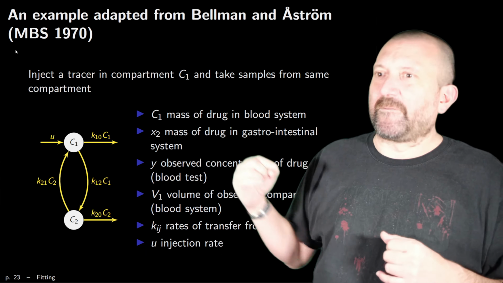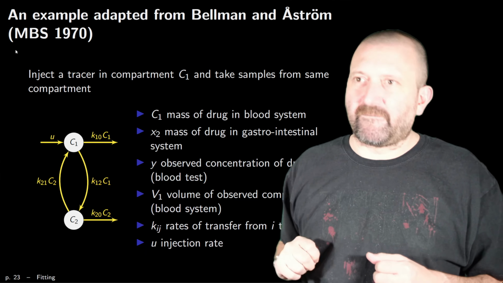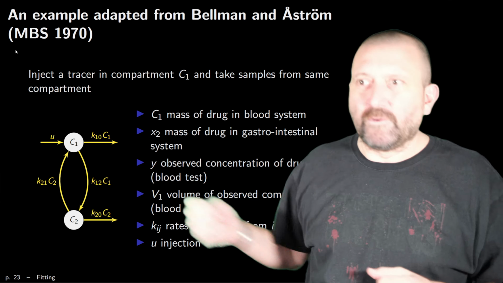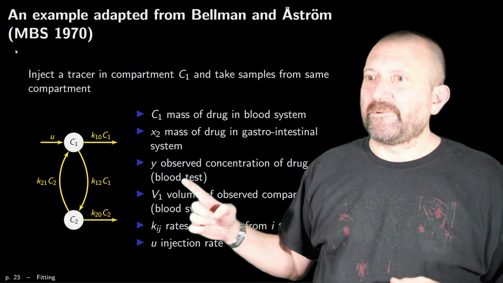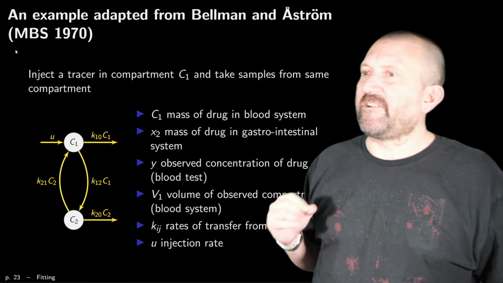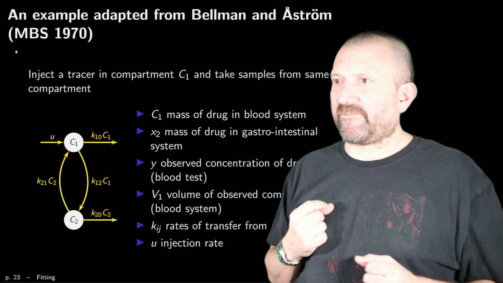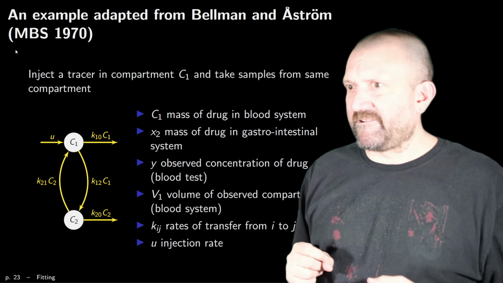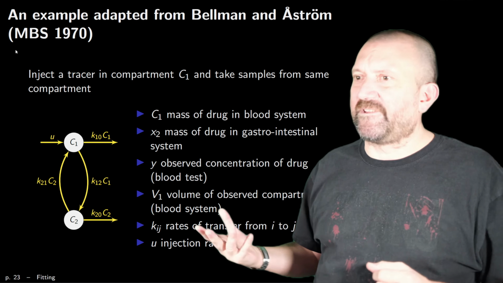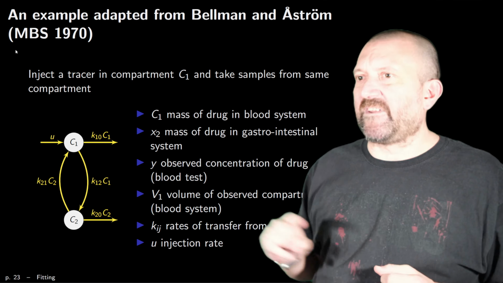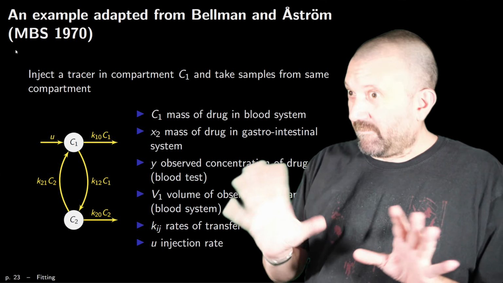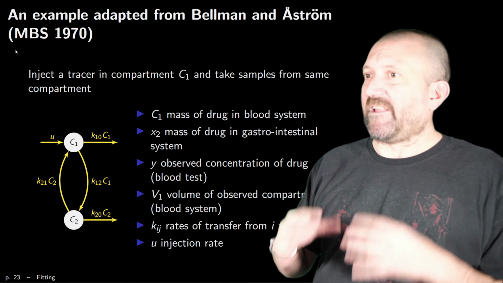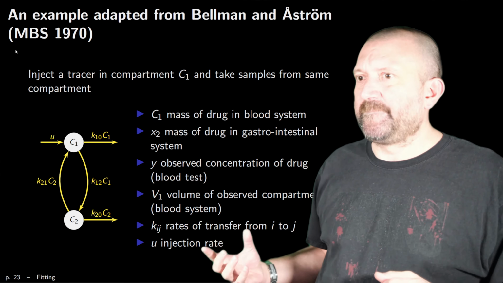After injection of a drug, the injection takes place at the rate U, and what you observe is the concentration of drug. So you take a blood test from someone, you make an injection, or you inject them continuously, and then you take blood tests, and Y is my observation variable, it's how much drug there is in the blood.